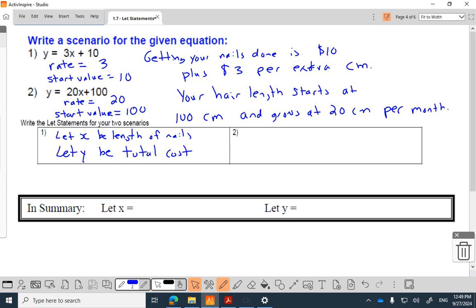Okay, second situation. Let X be... if you want to find out your hair length, you're going to need some information. Say you're getting ready for a wedding, or getting ready to get your hair cut. What do you have to know about the situation to decide how long your hair is going to be then?